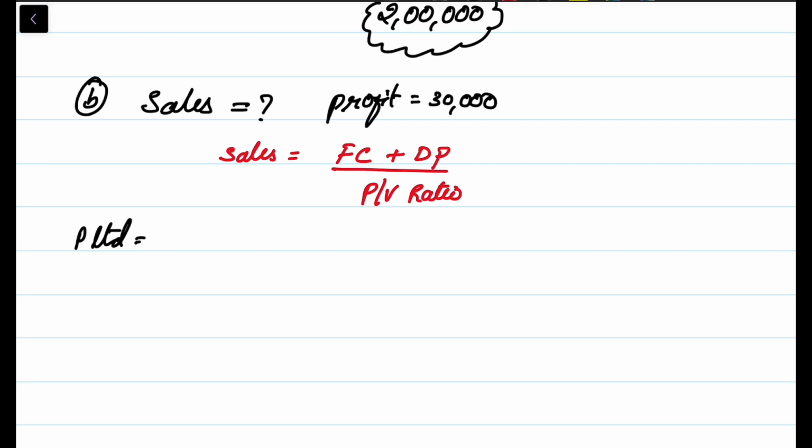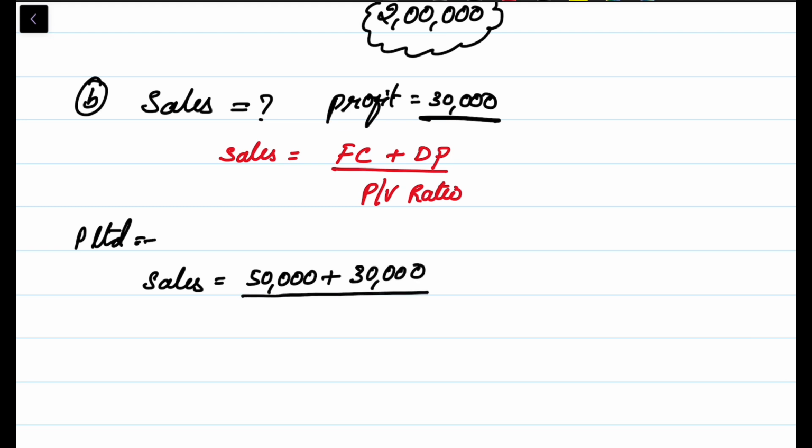Sales we need to find out, so sales equals fixed cost 50,000, desired profit is 30,000, by PV ratio, 33.33 into 100.